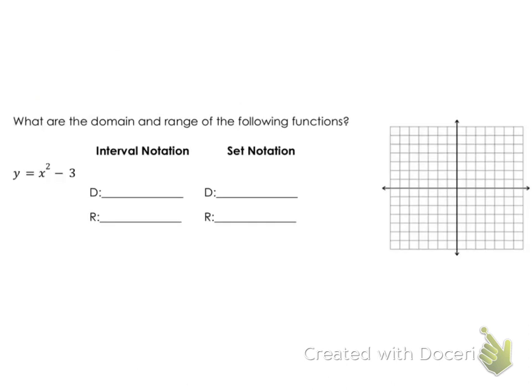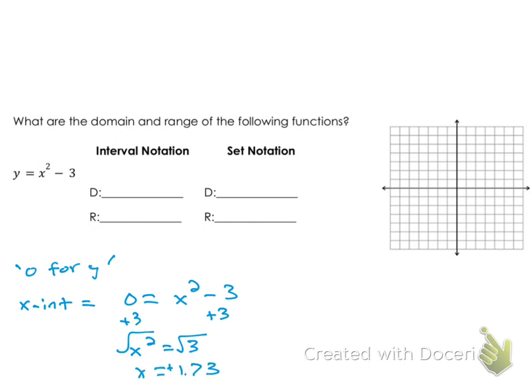All right, again, remember this next part. The emphasis is not on actually graphing it. This part here, the emphasis is on domain and range. So we have our quadratic. It's going to be a parabola, x squared minus 3. So don't worry about all this.